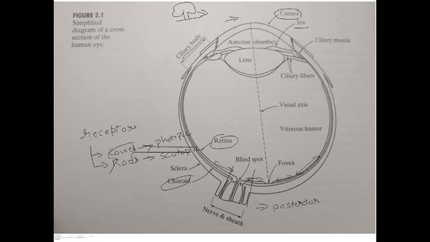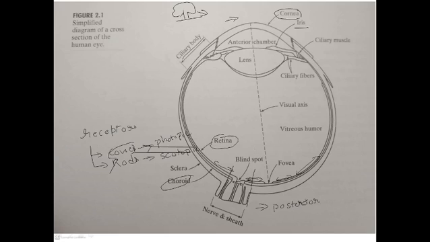There is no retina membrane from this location to the end, so the nerve enters into the eye here. Since there are no receptors, whenever the reflected light falls on this area, it will not be able to identify that object. So that is called the blind spot.